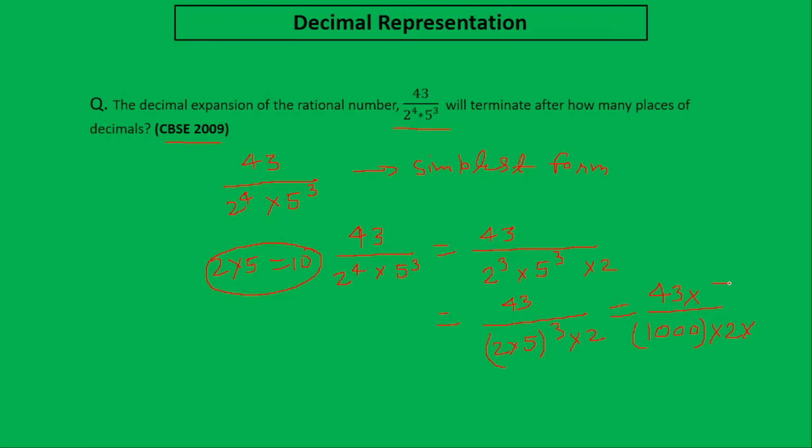You need to multiply in the numerator as well as the denominator. So this becomes 10 to the power 4. Hence, the number will be represented as 0.0215. So 4 places of decimal. It will terminate after 4 places of decimal.